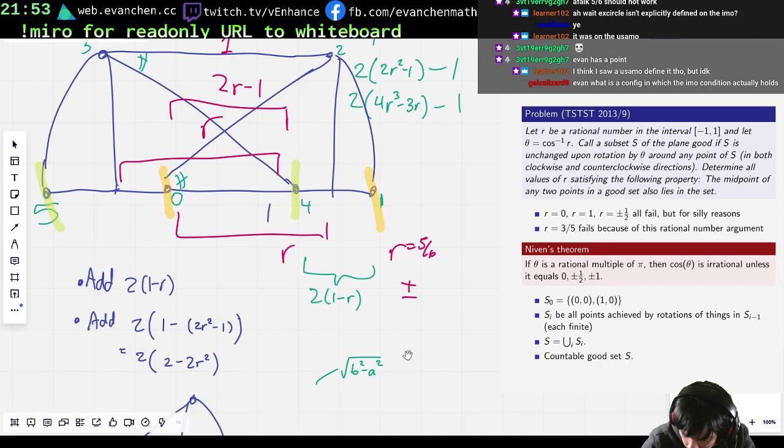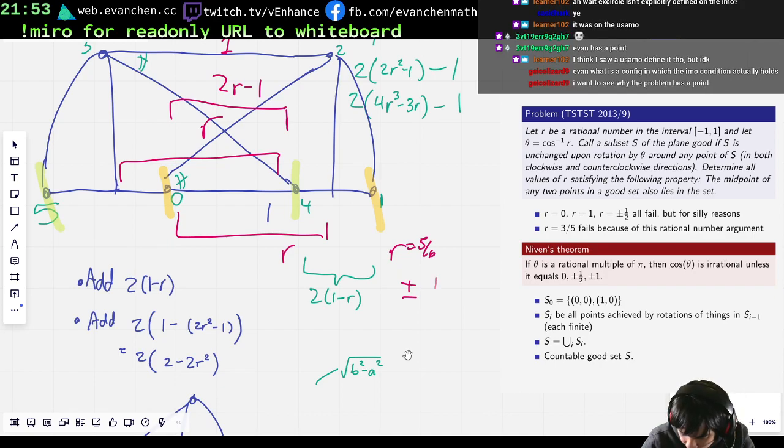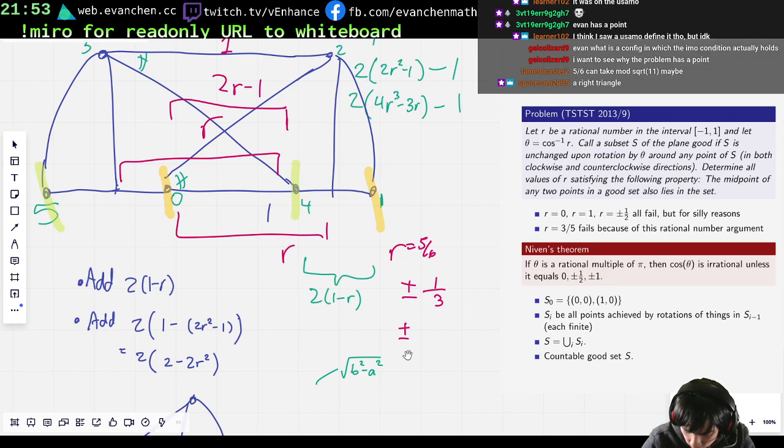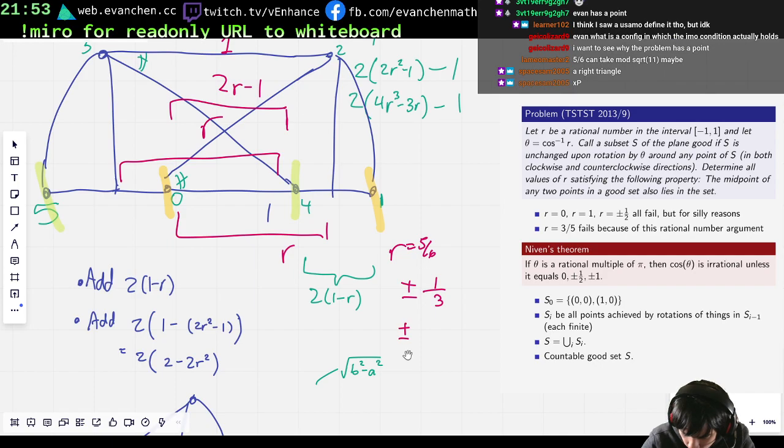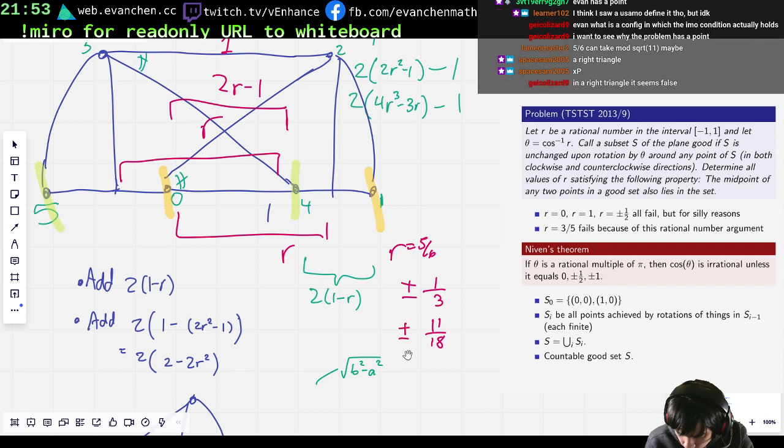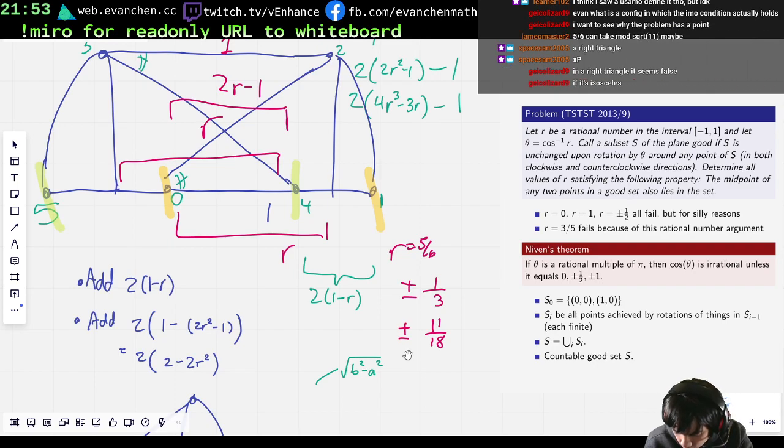So you can shift by plus minus 1/3, and you can shift by whatever this number is, 11/18. Can I get 1/2 by doing that? I think so, right? Because I can get 2/18, or no.